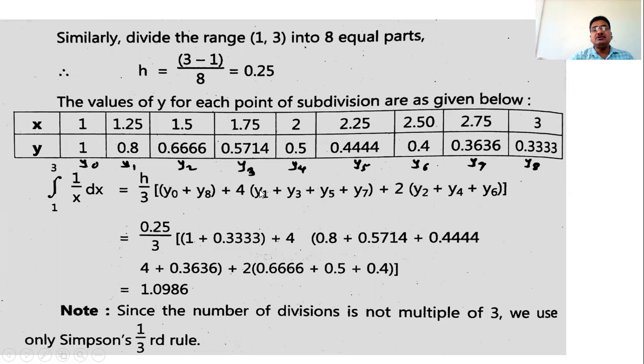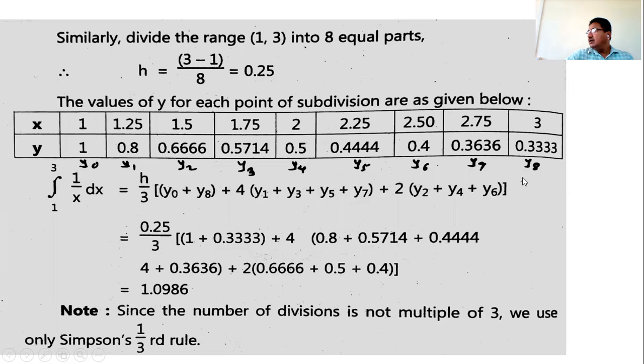So what are the odd suffix values of y? y1, y3, y5 and y7. So write here the addition of these odd suffix values of y, plus 2 times in bracket the addition of the values of y whose suffixes are even but except first and last. So what are those? y2, y4 and y6.